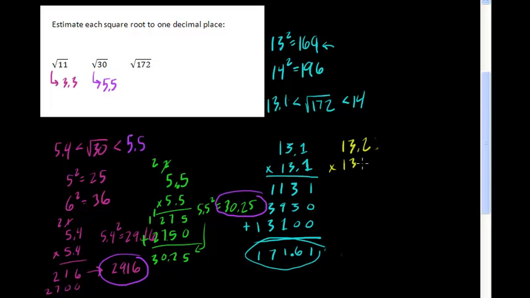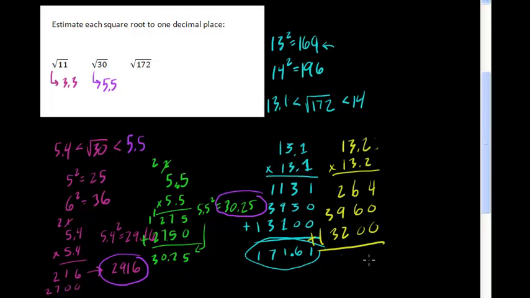All right, so 13.2 times itself. Last multiplication step. 2 times 2 is 4, 2 times 3 is 6, 2 times 1 is 2. Place value here, 3 times 2 is 6, 3 times 3 is 9, and 3 times 1 is 3. Last one. 1 times 2 is 2, 1 times 3 is 3, and 1 times the last one is 1.